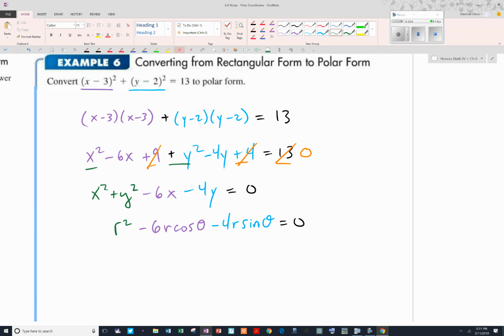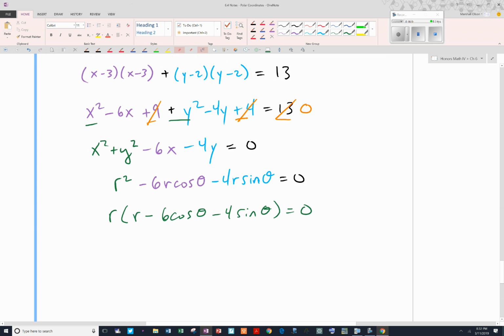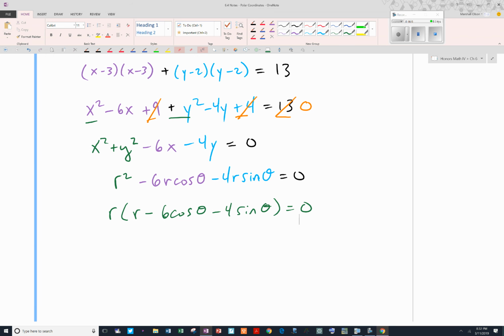So what we're going to do here is pull the GCF, r, out of this whole equation, which would leave us with r times (r minus 6 cosine of theta minus 4 sine of theta), and this equals 0. What we can do now is use our zero product property. In other words, we can say this equals 0, or this stuff equals 0.